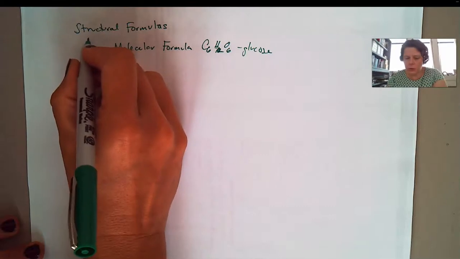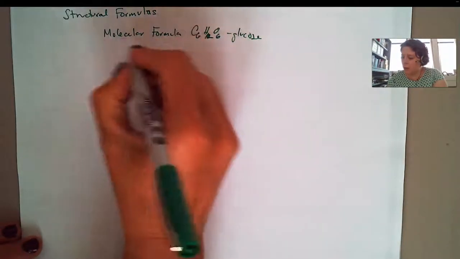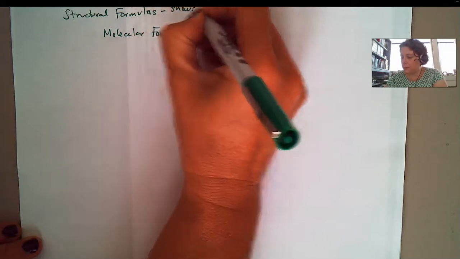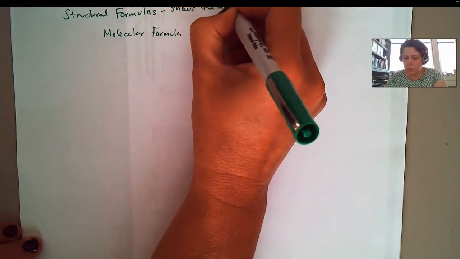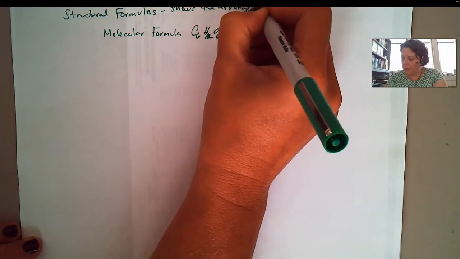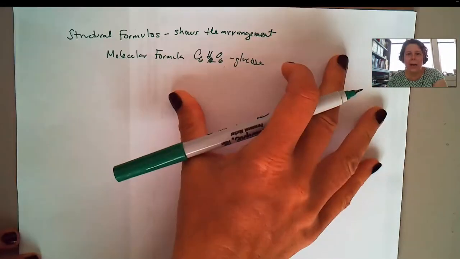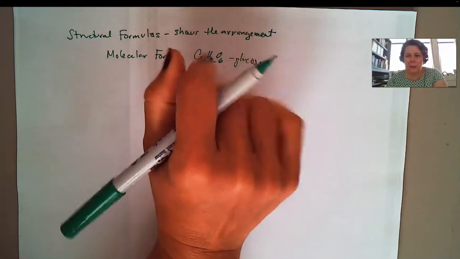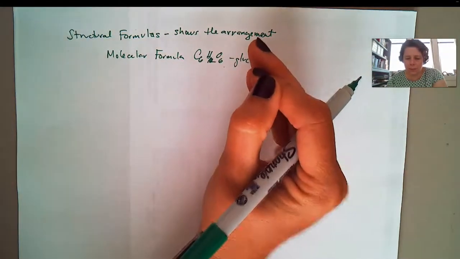We actually prefer the structural formula, which shows the arrangement. Structural formulas show the arrangement, which is much more important, especially now that you're seeing why we need to know the structural arrangement of these compounds. It tells us a lot more about the compound.